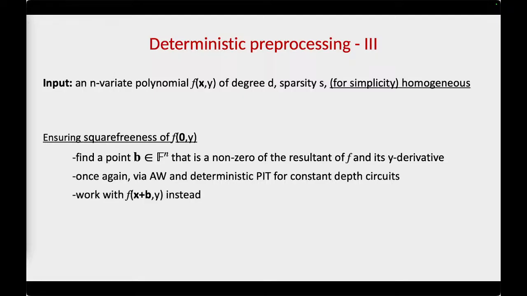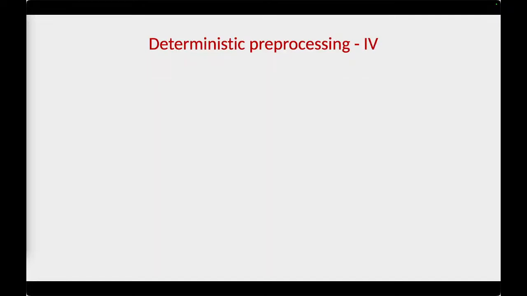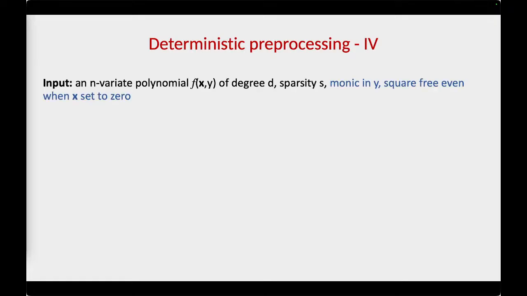Right, so we are going to work with f of x plus b. So we first shifted x by making xi to be xi plus ai times y, and then we shifted it further by vi. So we are in the setting. Going forward, we are going to assume that f is monic and has all the nice preprocessing properties that we wanted.